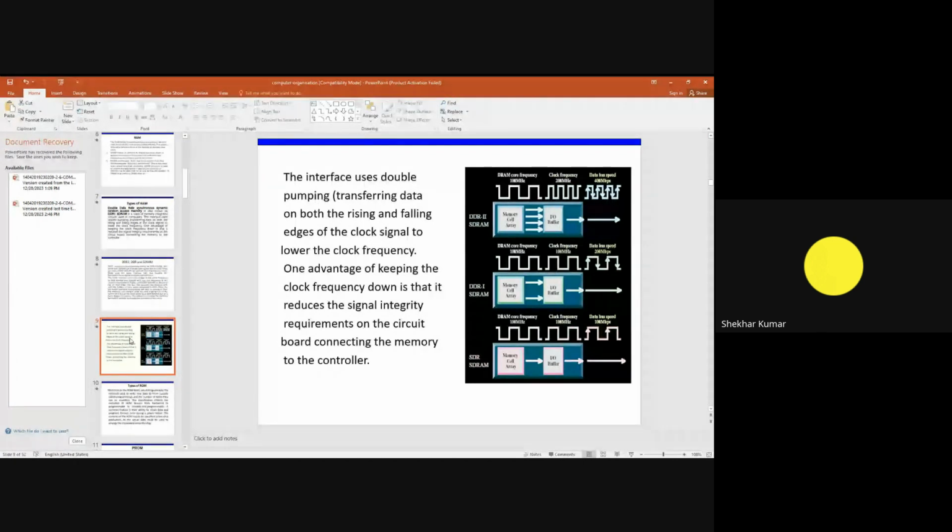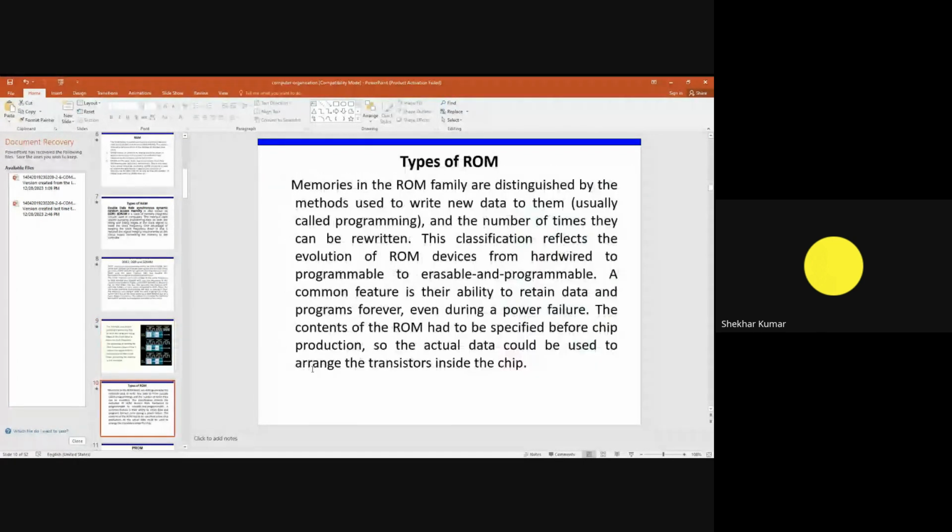So there are different types of ROMs. The ROM family is distinguished by the methods used to write new data to them and the number of times they can be written. First comes your MROM.